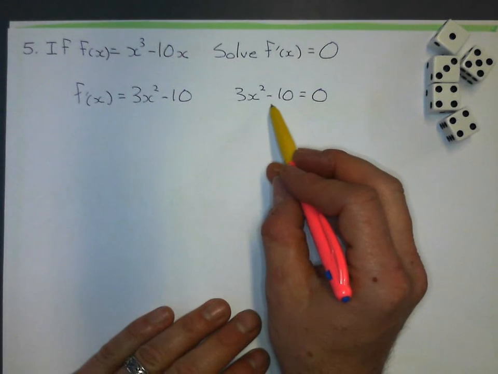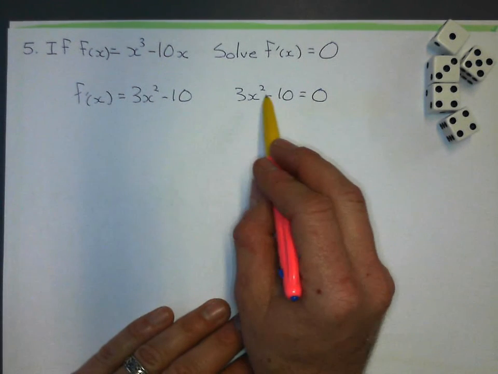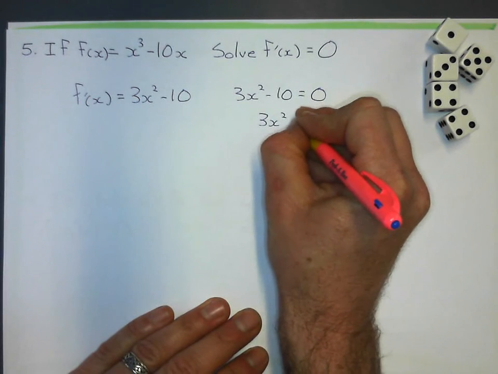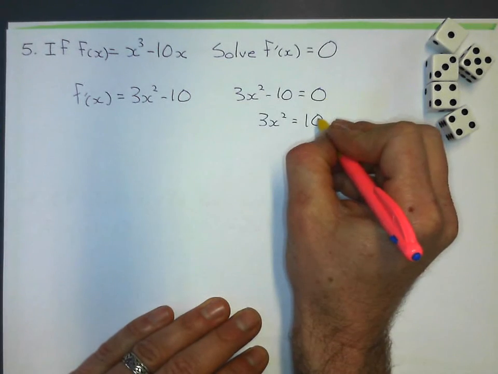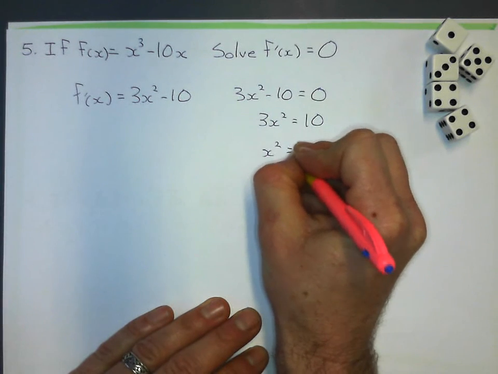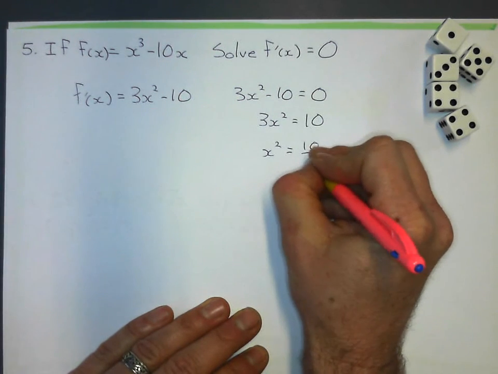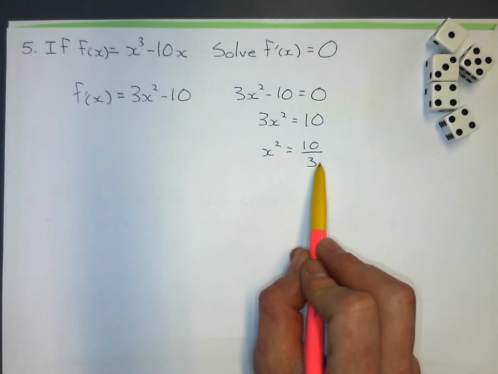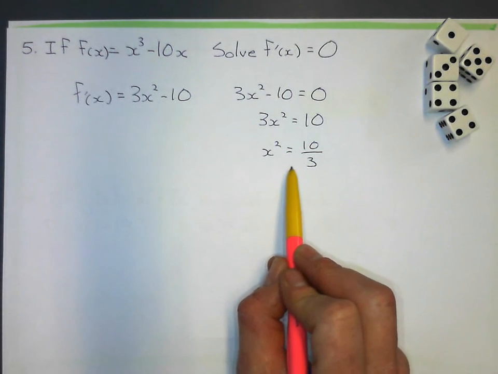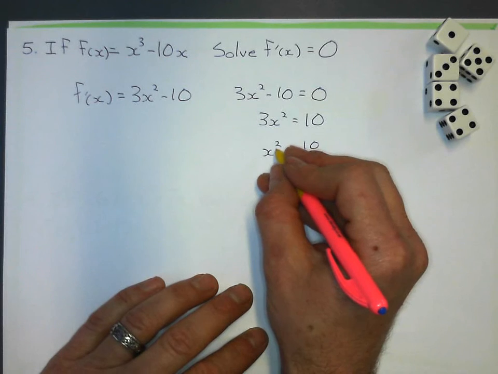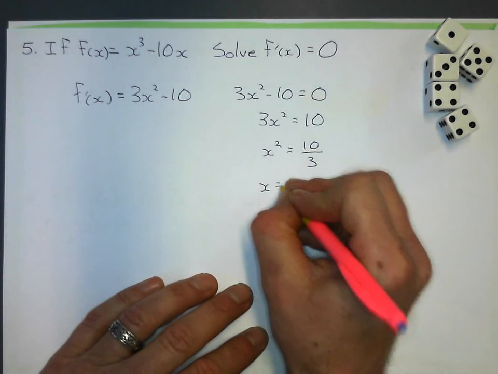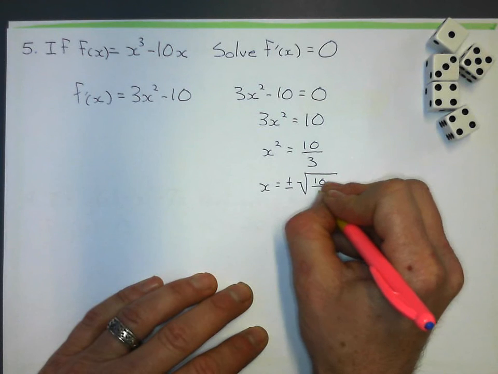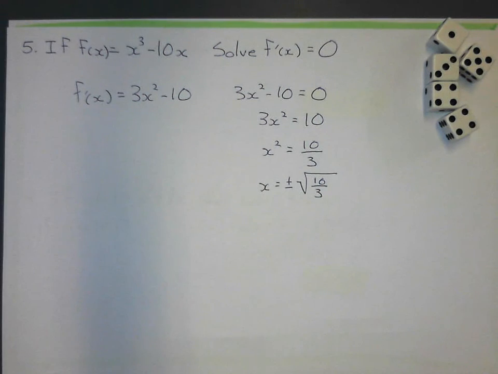If we had a graphics calculator, we could solve it with that. I don't see any factorizing going on, so I'll put the negative 10 over there and divide by 3. Right now I've got x squared equals 10 thirds. I'm going to get two solutions, because when I do the opposite of squaring, which is square rooting, I've got to do the plus or minus square root of 10 thirds.